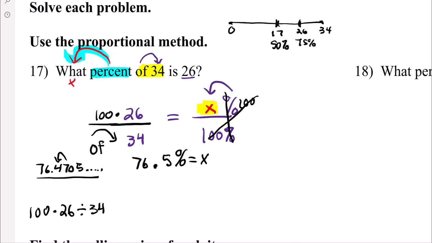Well, 26 is a little bit more than 75. So halfway between those, if we go 8.5 up and 8.5 down, that's what we end at there. Well, 26 is just after that, which is the 76.5 amount. So that gives you kind of a reasonableness.